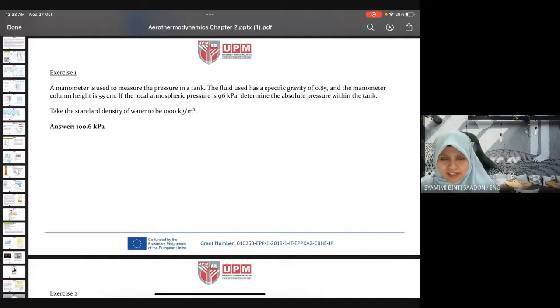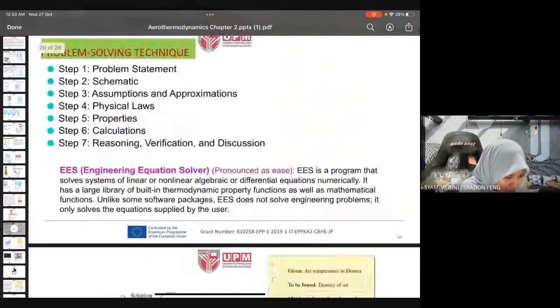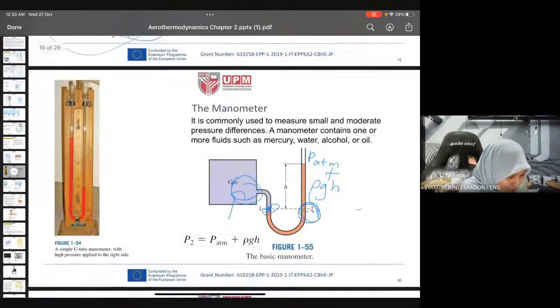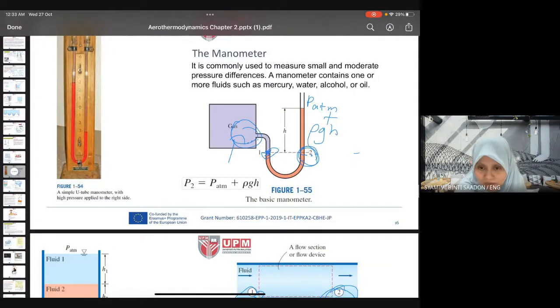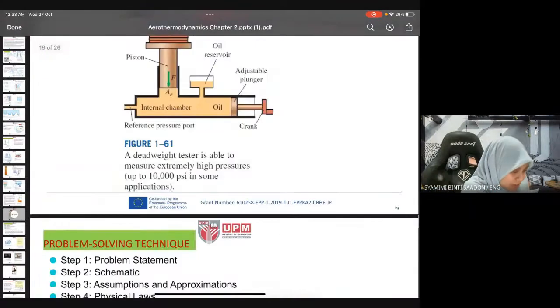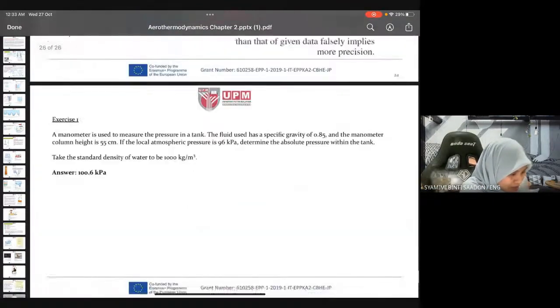Take the standard density of water to be 1000 kilogram per meter cube. If we look back at your manometer just now, like this one at figure 1.55, go back to your exercise.